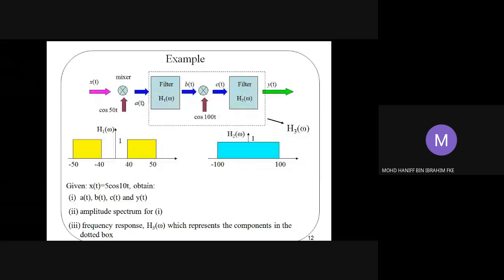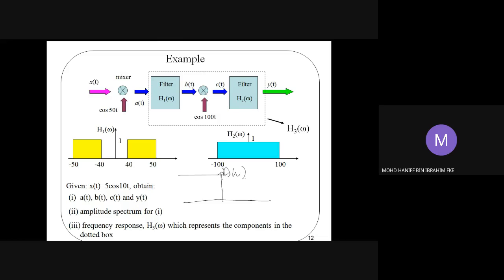Your A omega just now actually has four impulses. If I can sketch it here, this is your A omega.